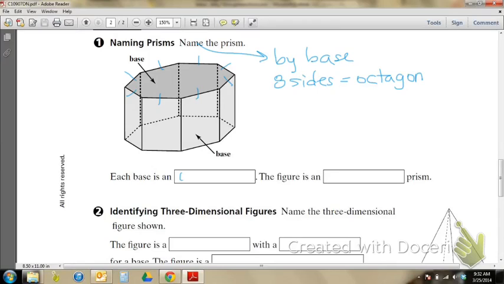So each base is an octagon. So we just call the face an octagonal, sounds fancy, prism. Okay, and it's a prism because it has the two bases that match. So now, let's do the next example. Let's name this shape.